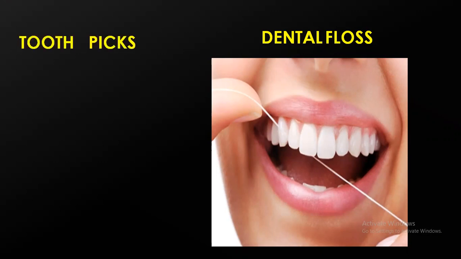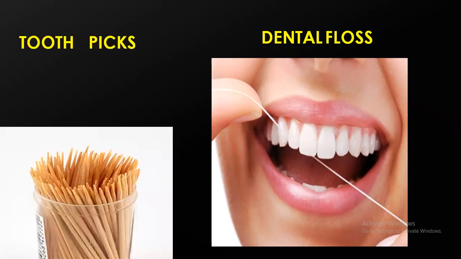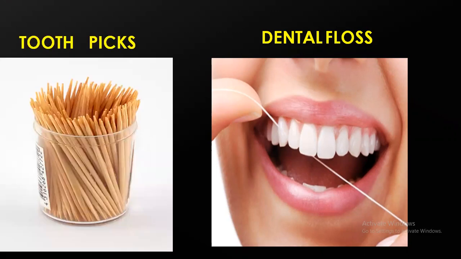Right, we also have toothpicks, especially for those ones who are so much used to eating meat. However, I want to caution that meat is not good on a daily basis, especially red meat. It may cause terrible consequences to your health.